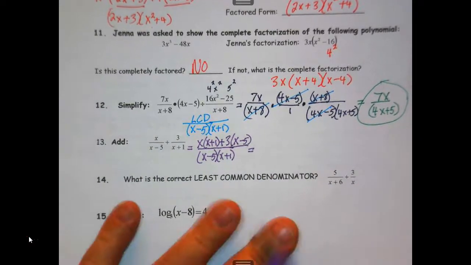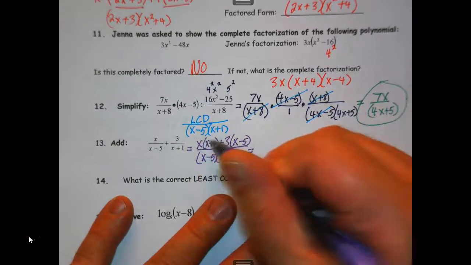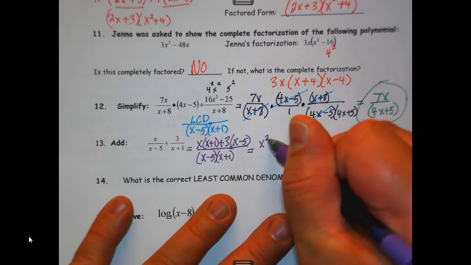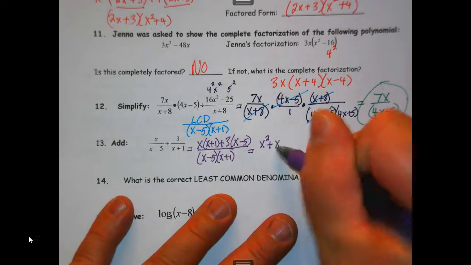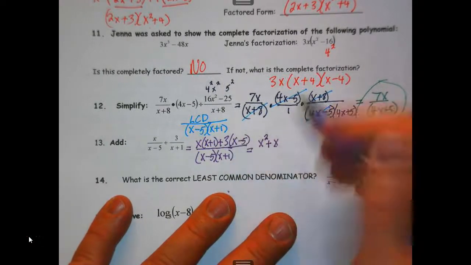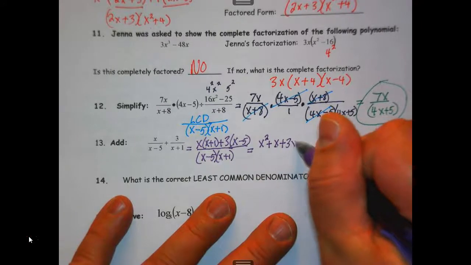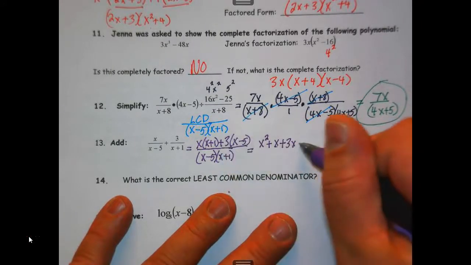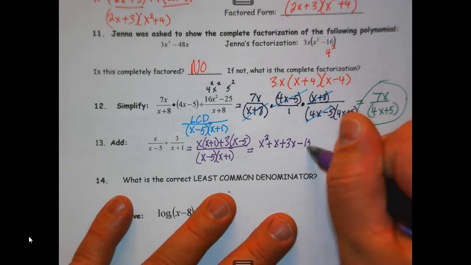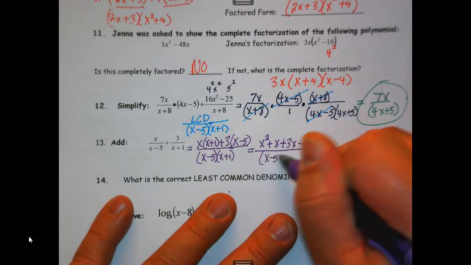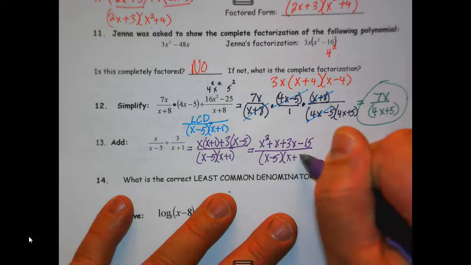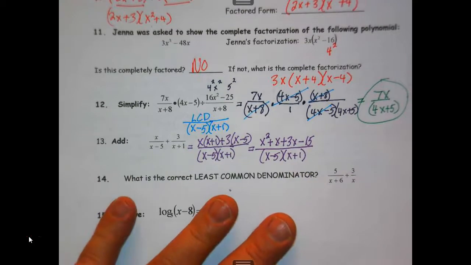Now I just simplify the top. X times x, x squared, x times 1 is 1x. Positive 3 times x is positive 3x. Positive 3 times negative 5 is negative 15. Combine like terms.